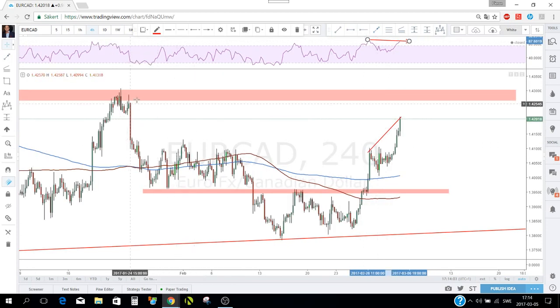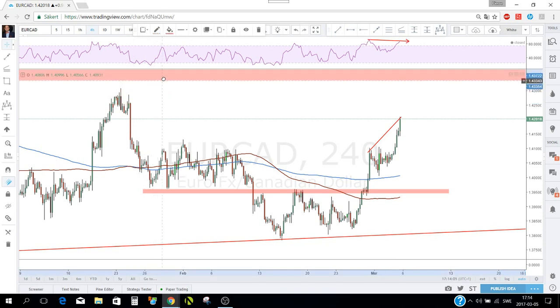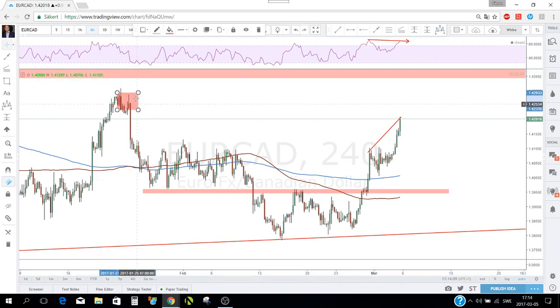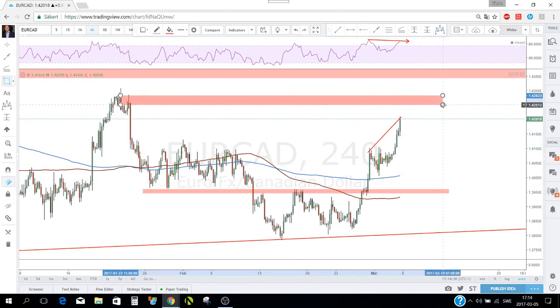Let me show you, this is a supply zone. As you see, it's very clear. Price went down, went back up, and gave us this huge move here. So the supply area is somewhere here where this whole rally to the downside started. So keep your eyes on this level.